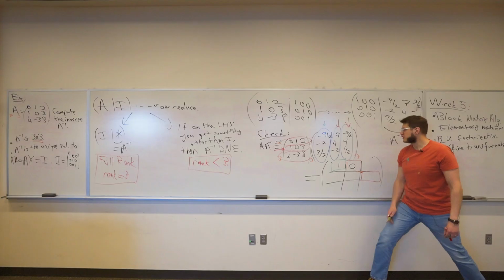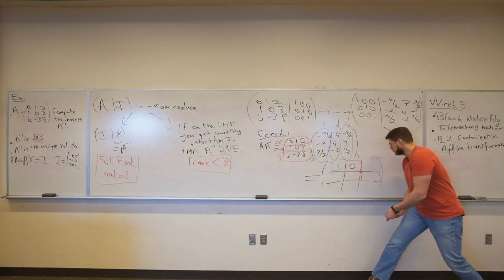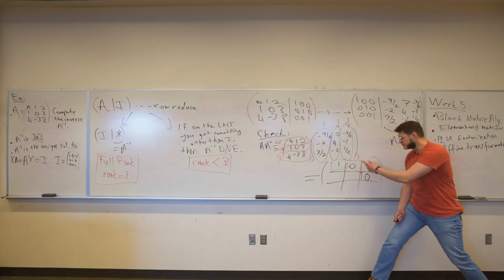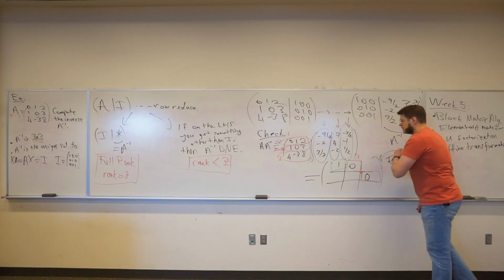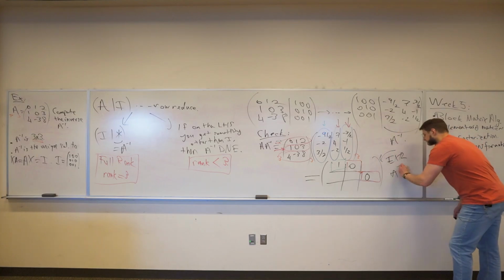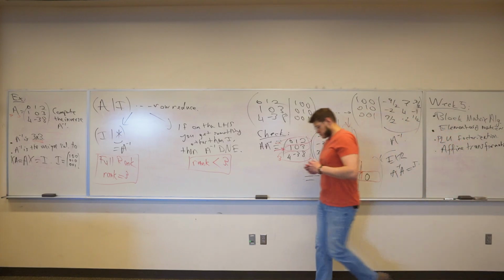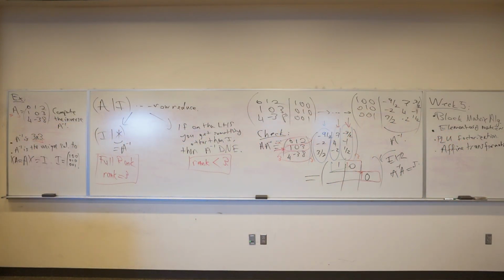This by this is 0. This by this is plus 3 over 2. So it's 0 in total. Okay? So that's how you verify. I'm not going to do the rest. I'll leave that to you. Verify, and also verify that A inverse A is identity also. Okay? But that's how you do it.